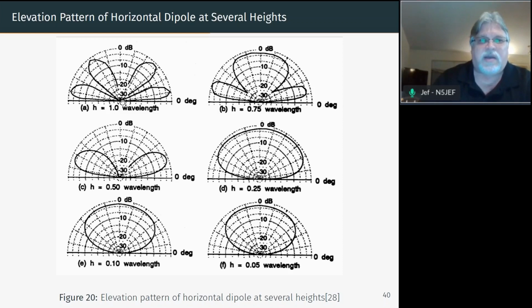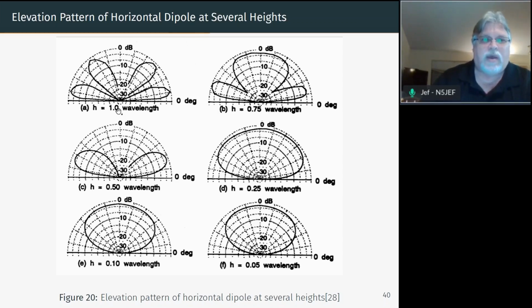And worse yet, if you get up to 1 wavelength high above the ground, the reflections cause you to have side lobes which are like this, where if you had fading, you might have a strong signal for a moment, and then the ionosphere would tend to move, and you would have a very weak signal as you're in this gap, and then you might have it strong up in the top here, depending on the angle of your path through the ionosphere.